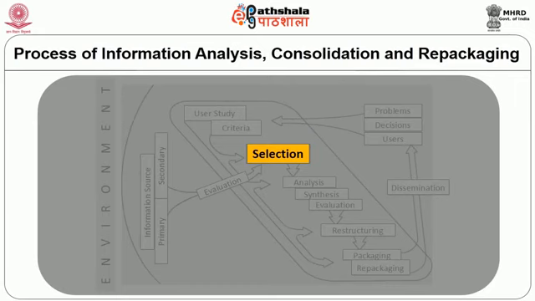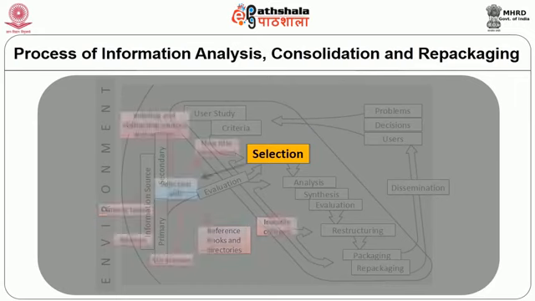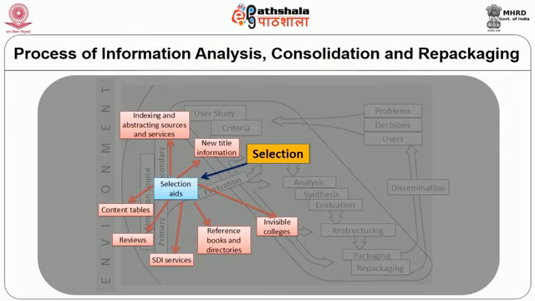Next step is the selection aids, which involves basic bibliography, selection list, reviews which may be formal or informal, reference books and directories, content tables, indexing services, SDI services, new title information and invisible collectors.